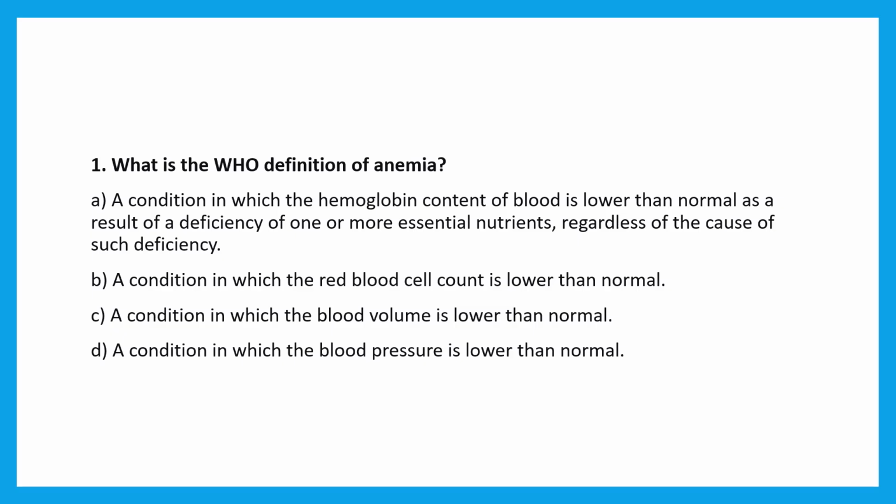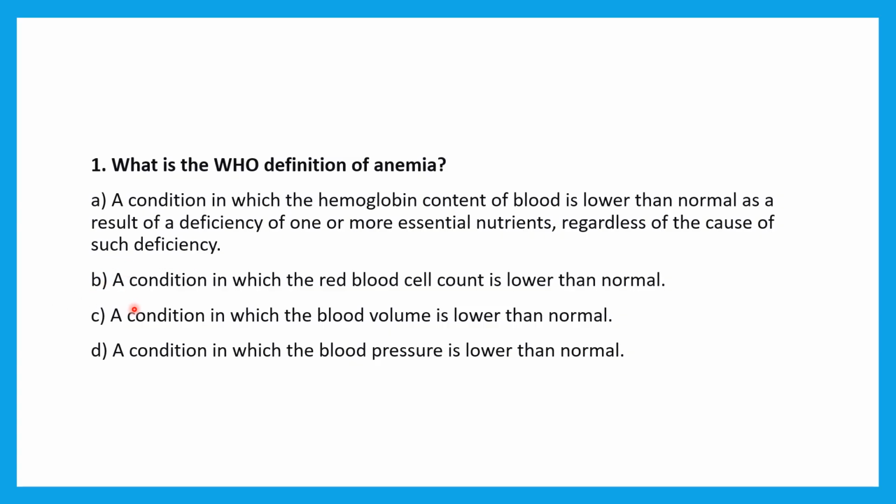The first question is, what is the World Health Organization definition of anemia? A says anemia is a condition in which the hemoglobin content of blood is lower than normal as a result of a deficiency of one or more essential nutrients, regardless of the cause of such deficiency.